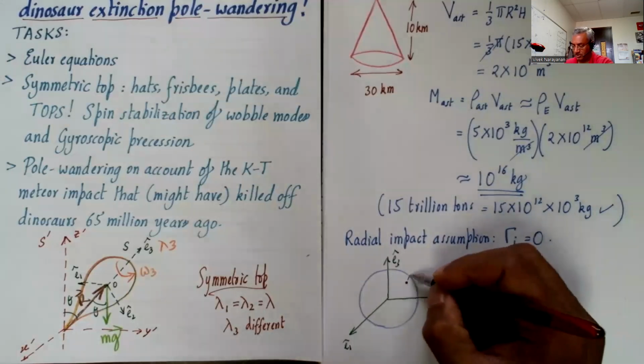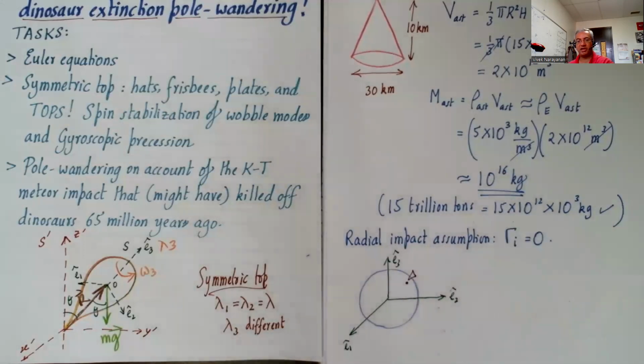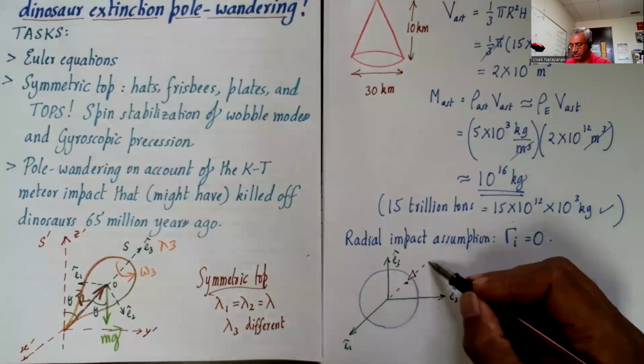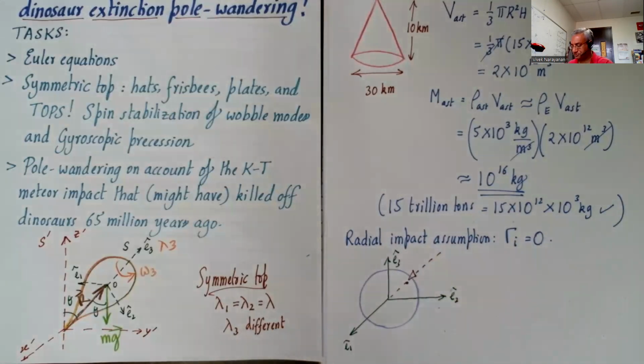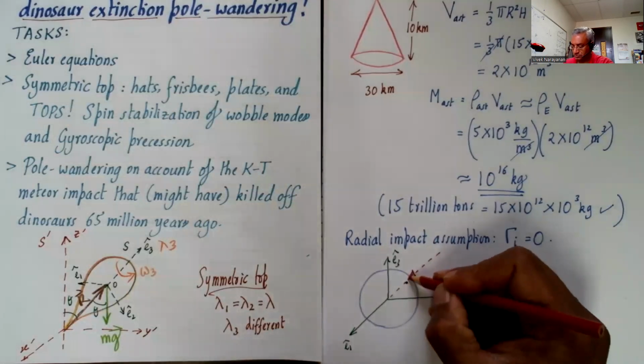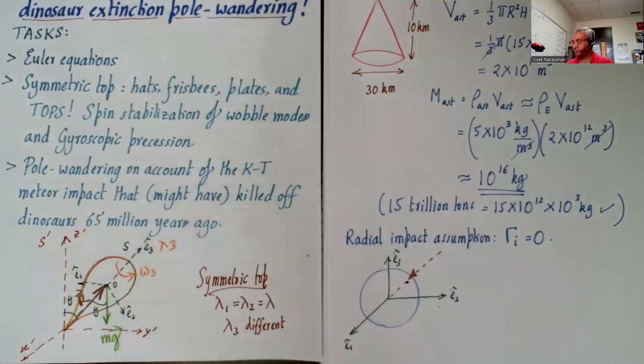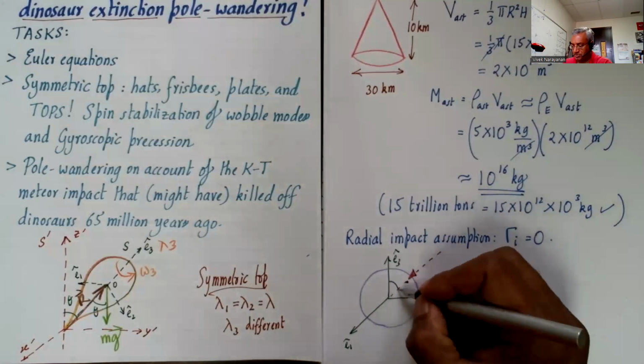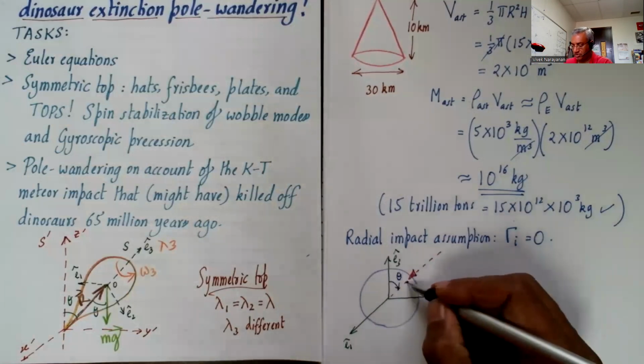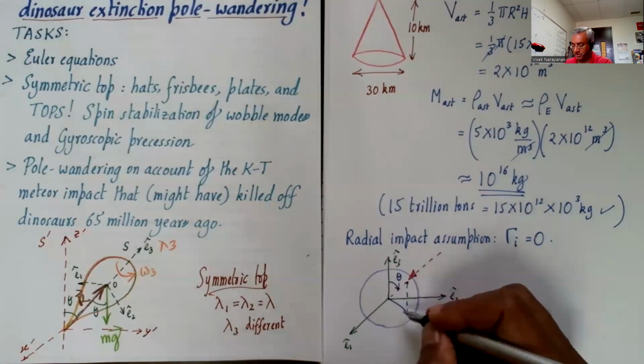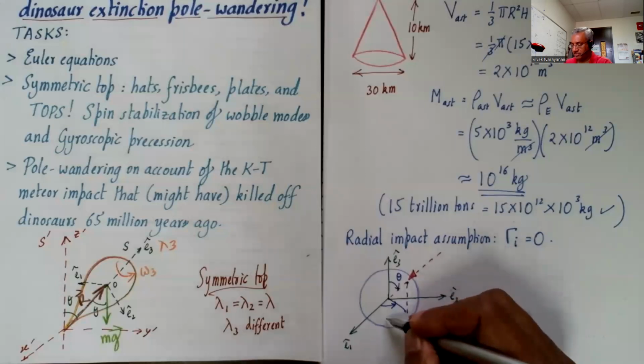So I'll draw a little mountain coming in like that and wedging itself from radial infinity. The co-latitude is theta in spherical polar coordinates, and the azimuth angle is the angle phi.